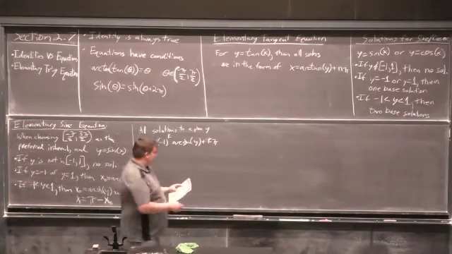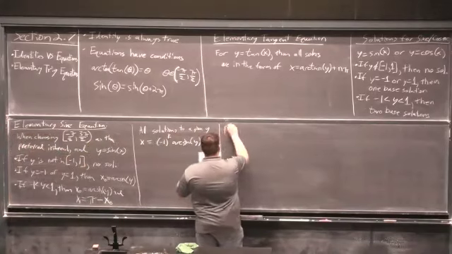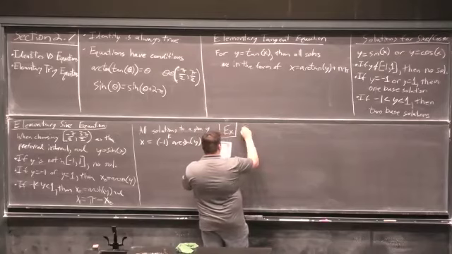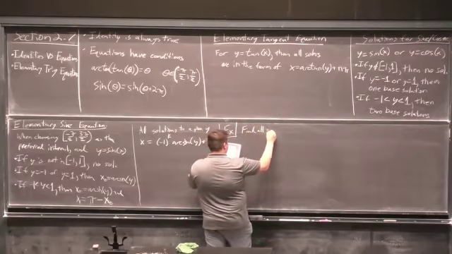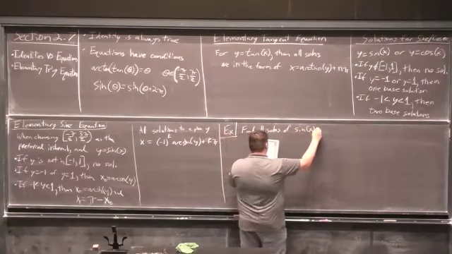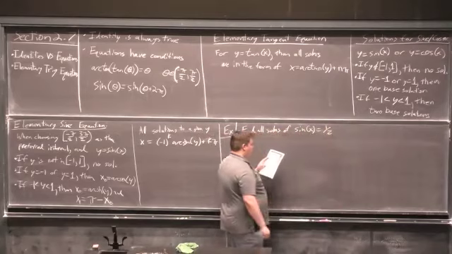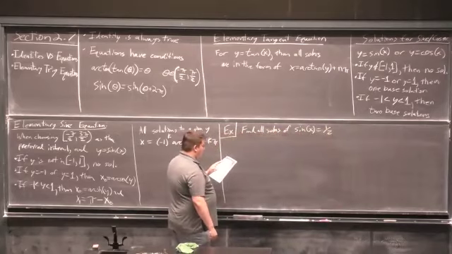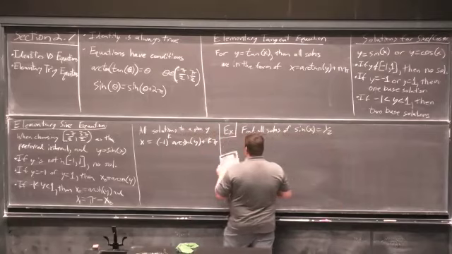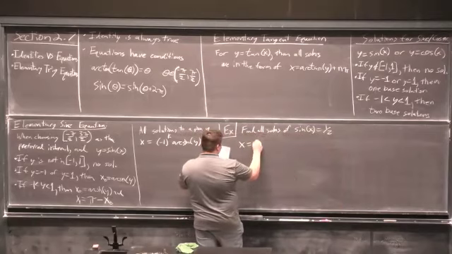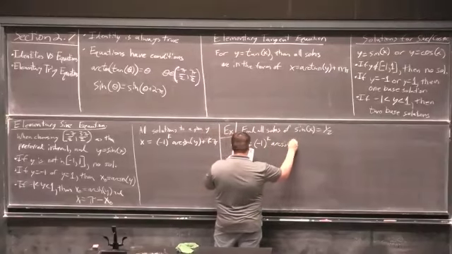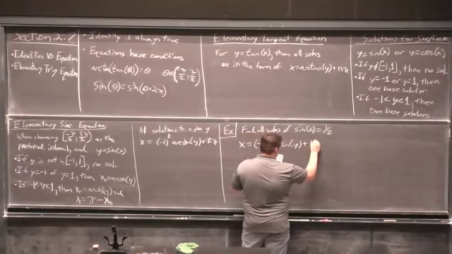So, example. Find all solutions of sine of x is equal to 1/2. Well, we can start with this form and say, x is equal to -1 to the k arc sine of y plus k pi.